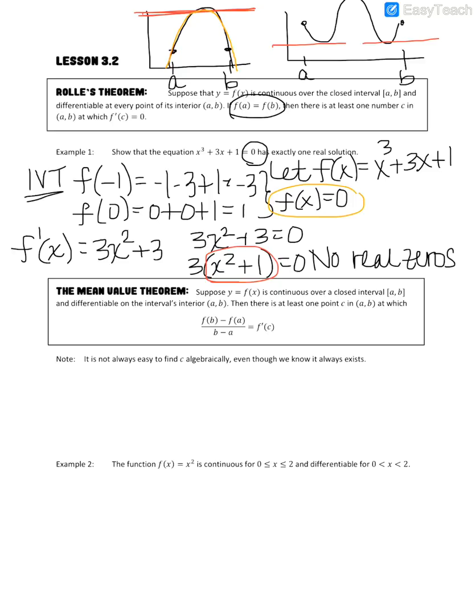Let's write down our explanation. Oh goodness, I have no room. I'm going to go down here and you can hopefully fit it on your paper.